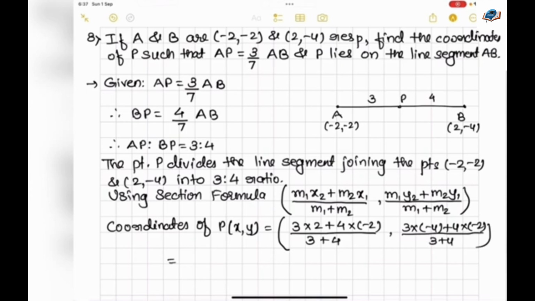So that will be equal to minus 2 by 7, comma minus 20 by 7. Therefore, P x comma y equal to minus 2 by 7 comma minus 20 by 7.